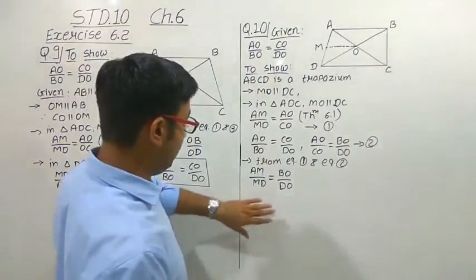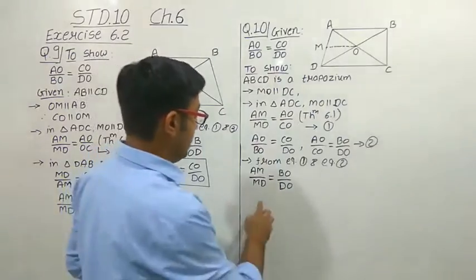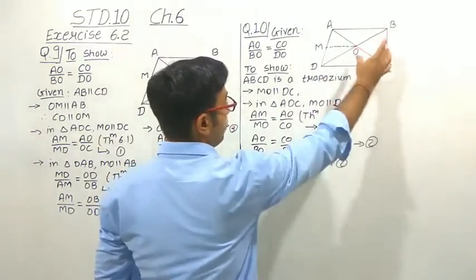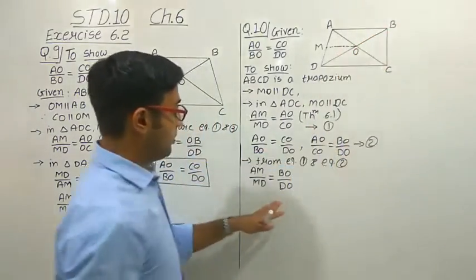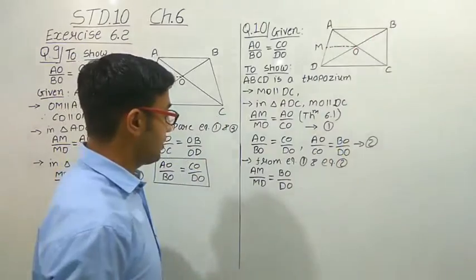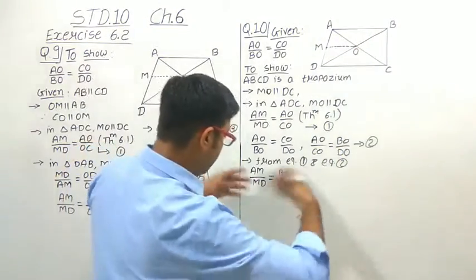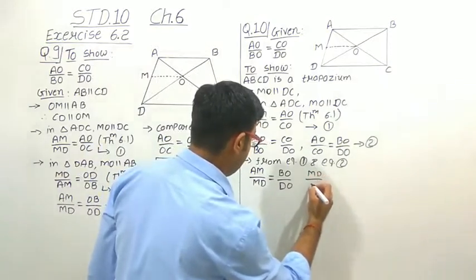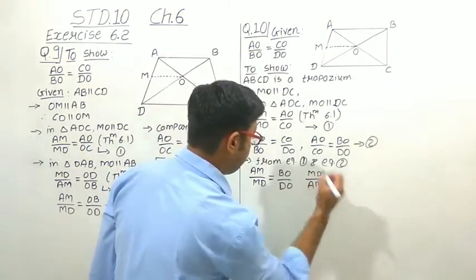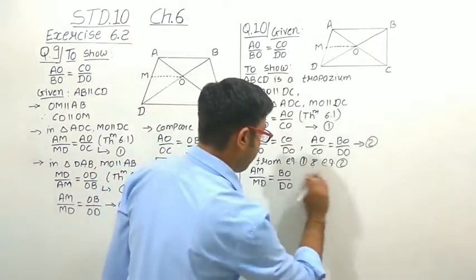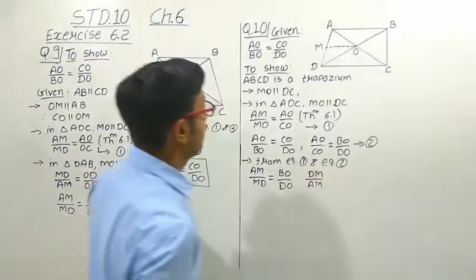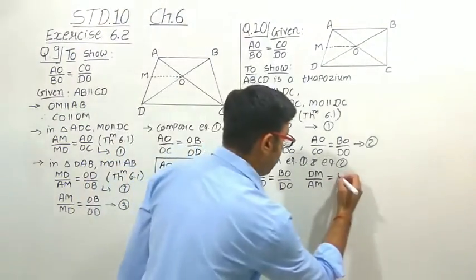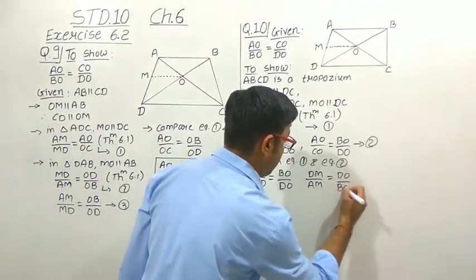But here, if we interchange this, we have AM and MD and BO and DO, but from this we cannot consider one of the triangles. So here we have to interchange it again. So we can write it as MD upon AM, or DM upon AM is equal to DO upon BO.